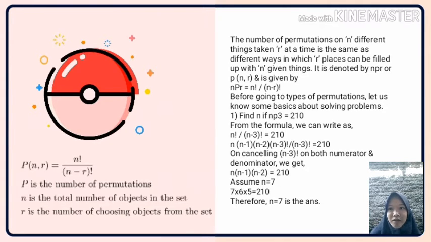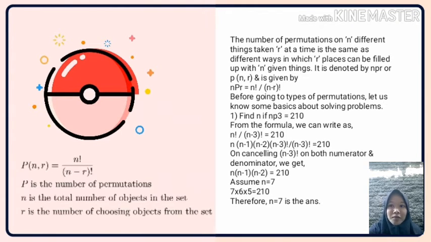It is denoted by nPr or P(n, r), and is given by permutation r of n elements equals n factorial divided by (n minus r) factorial.